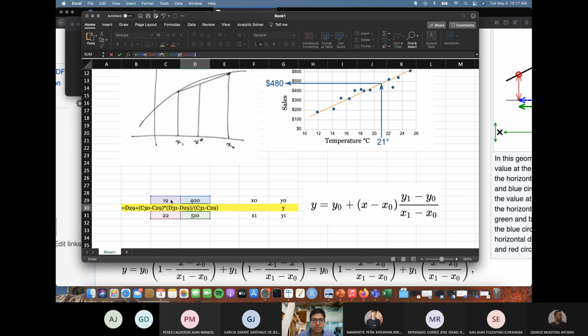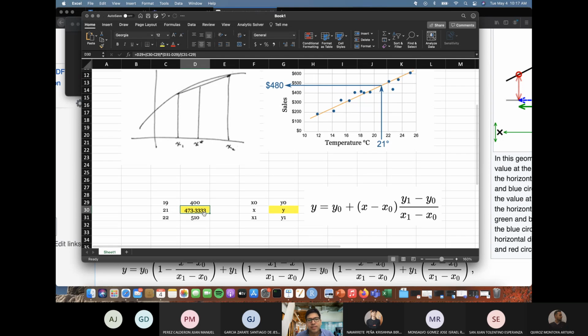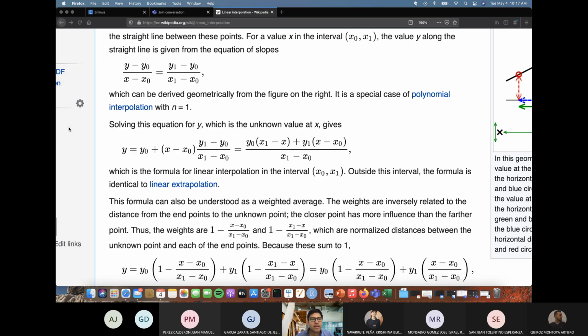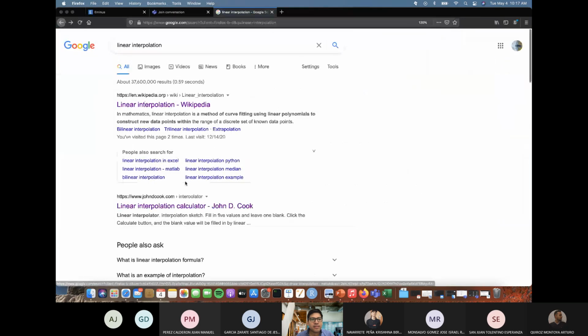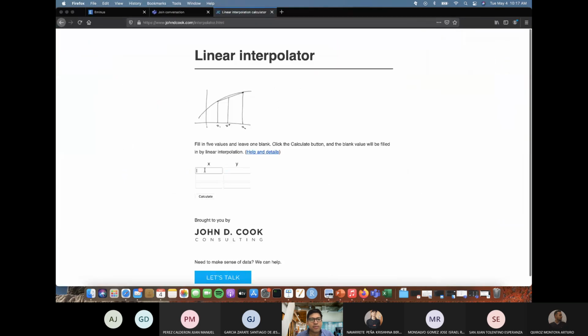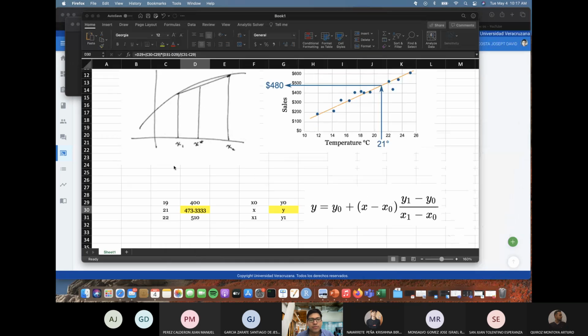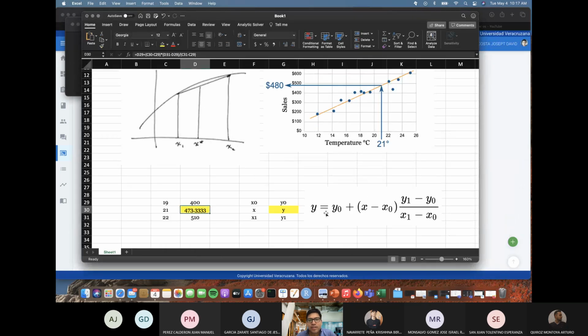And then we see that we have 473.333, which is actually consistent with what we did before in this exercise right here. So remember that when we used this one, the result was equal to this. So this is linear interpolation.